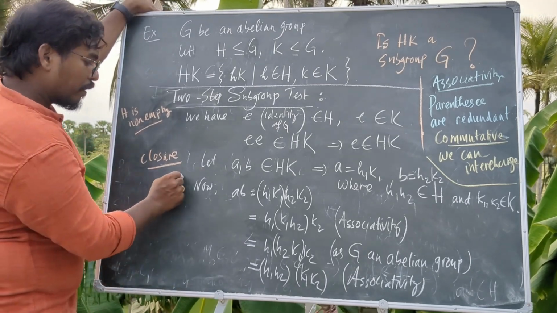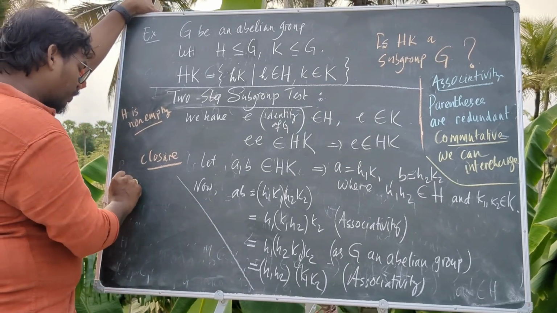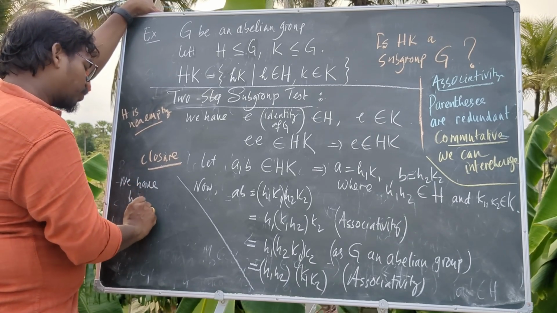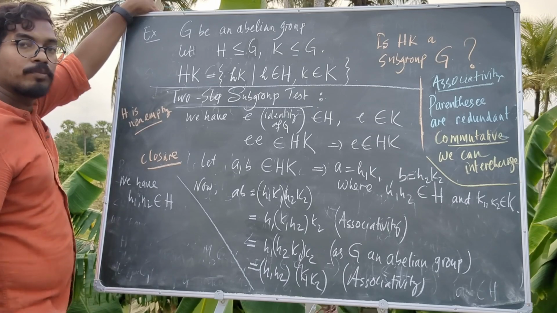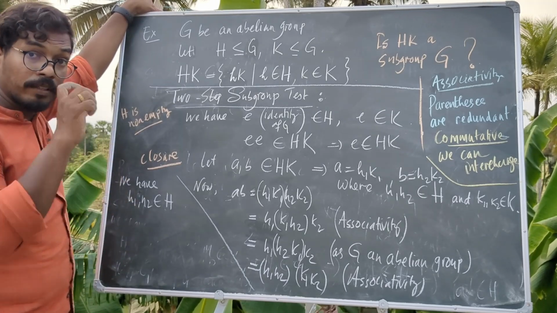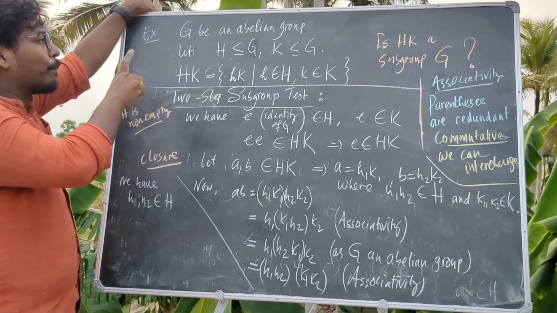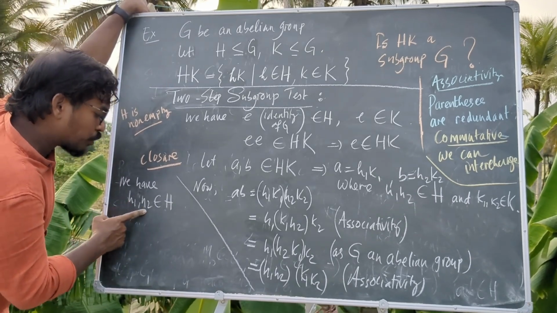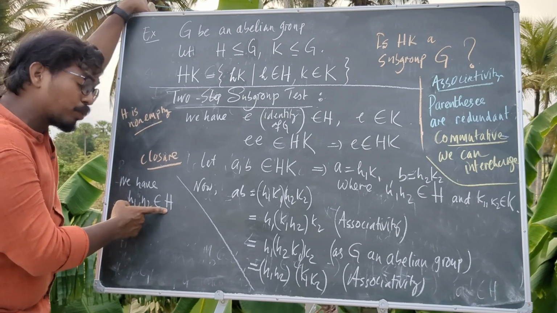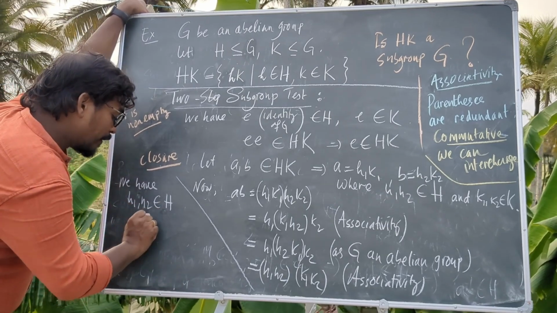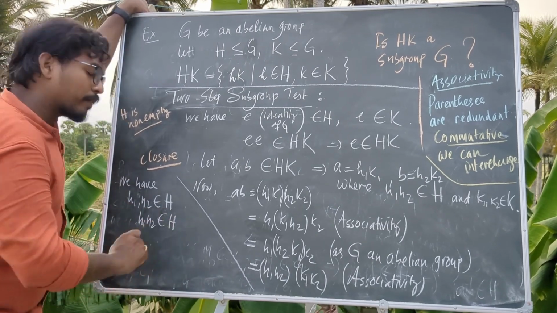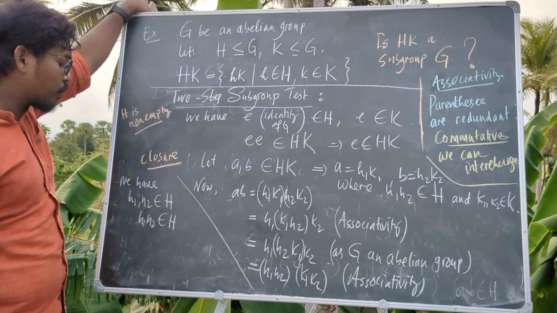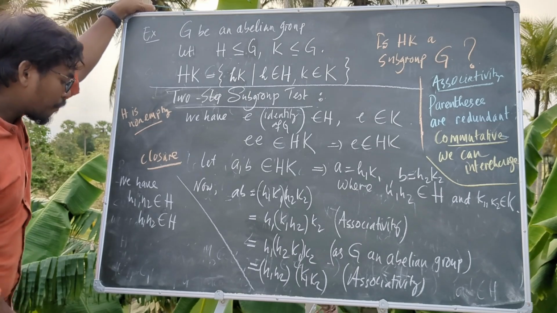See, we have H1 H2, two elements of the subgroup H. H is a subgroup, so it is a group under the operation of group G. Therefore, if H1 H2 belong to this subgroup H, then its product also belongs to the subgroup H, because by the closure property of subgroup H, H1 H2 belongs to this subgroup.